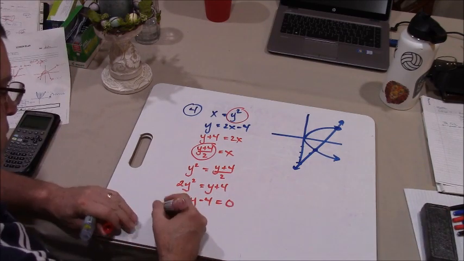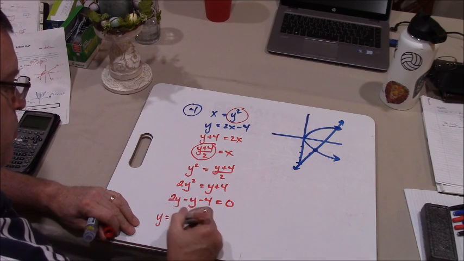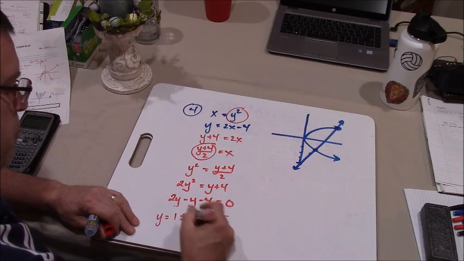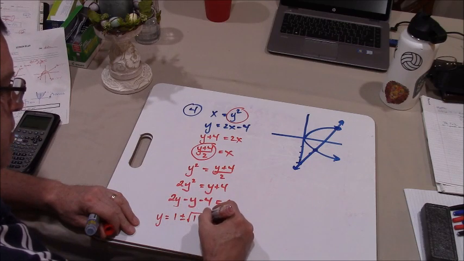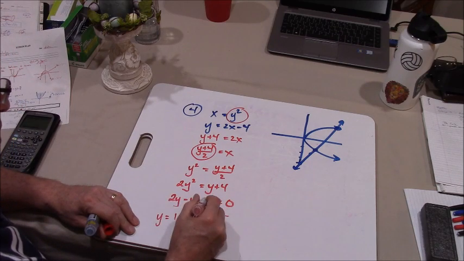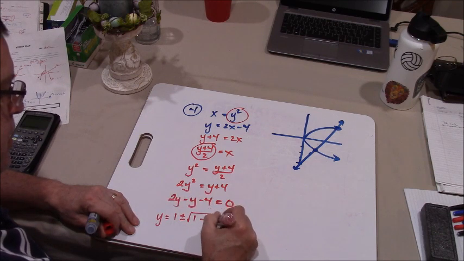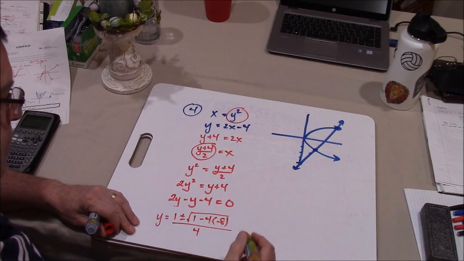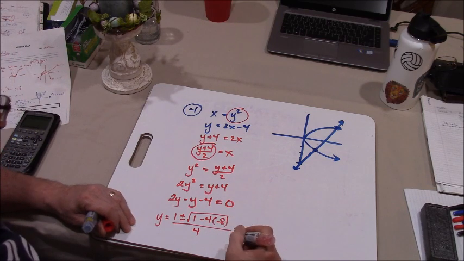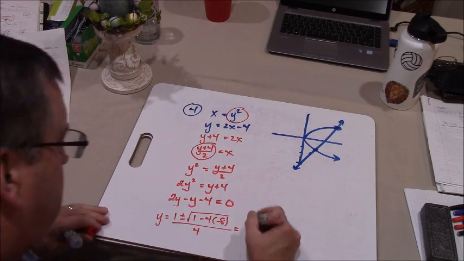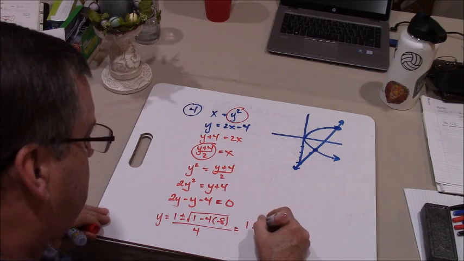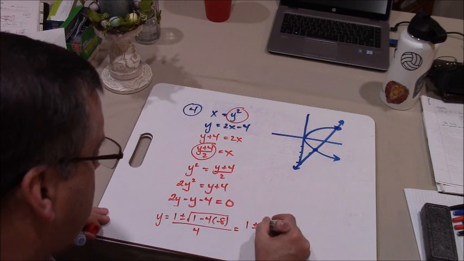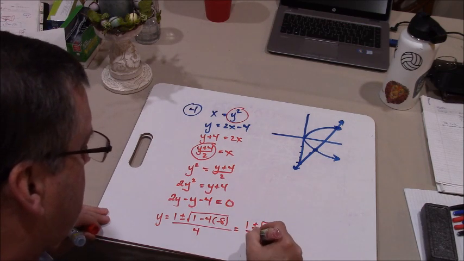So that means that y equals negative b plus or minus the square root of b squared minus 4ac, where a times c is going to be negative 8, all over 2a. Which means I've got 1 plus or minus the square root of, this will be a positive 32, plus 1, that's 33, over 4.